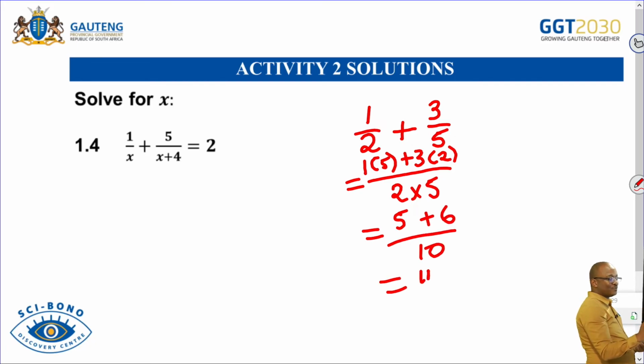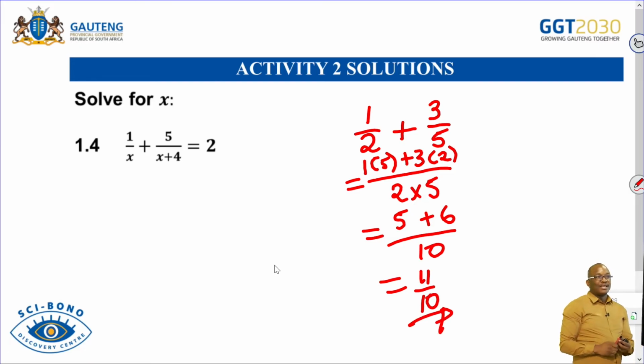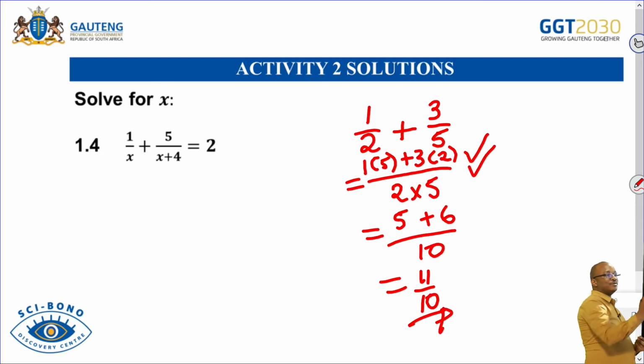Then your answer is going to be 11 over 10. You can use a calculator to check. This is the basic method of dealing with fractions. And if you know this technique from lower grades, even in grade 11, grade 12, you can still apply this method.